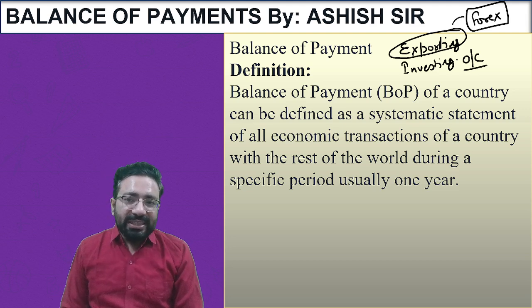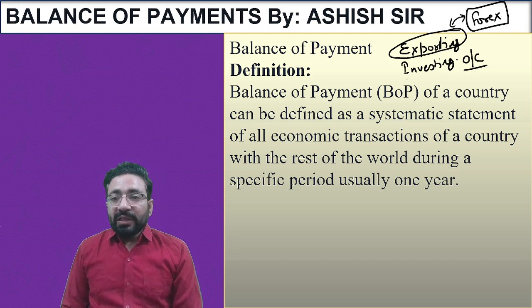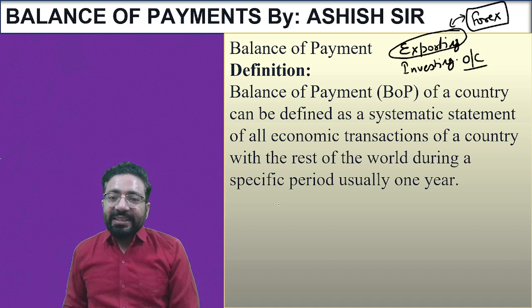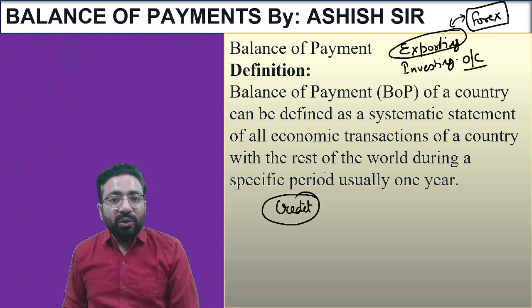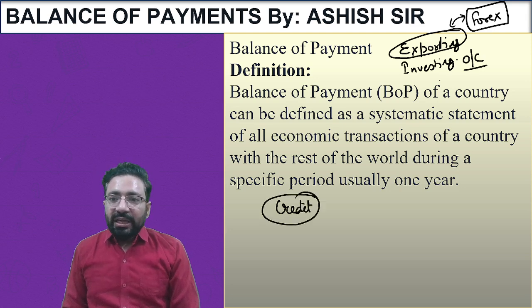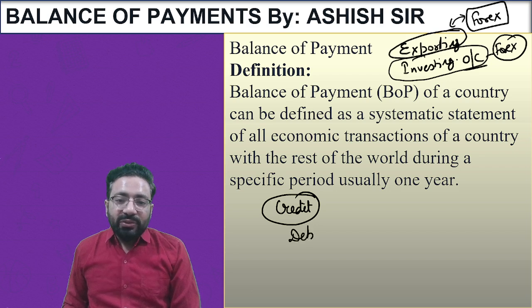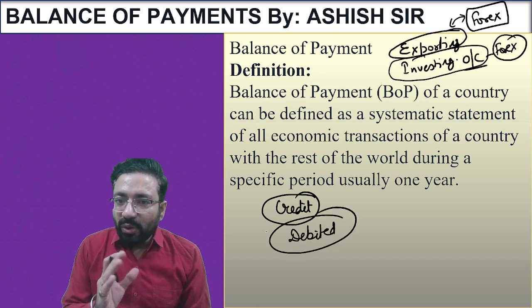So where would the export be recorded? As we are getting foreign exchange, it would be credited. We won't look at whatever we are selling to the rest of the world, we'll look into the payment only. Investing somewhere, we are making payment to the rest of the world, so it would be debited. So do remember, balance of payment only talks about the payments.